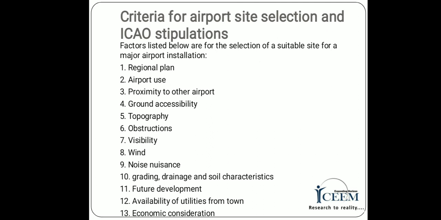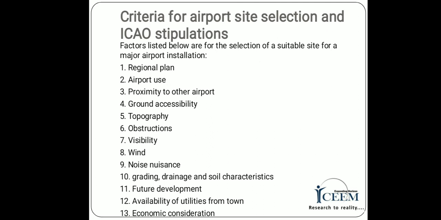The site should be so selected that it is readily accessible to the user. The airline passenger is more concerned with his door to door time rather than the actual time in air travel. The time to reach the airport is therefore an important consideration, especially for short haul operation.